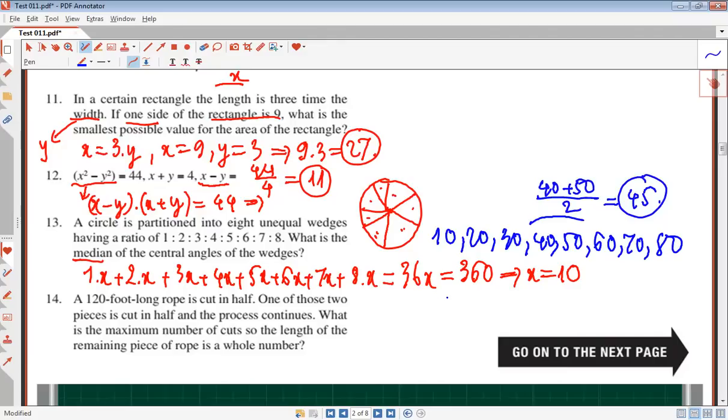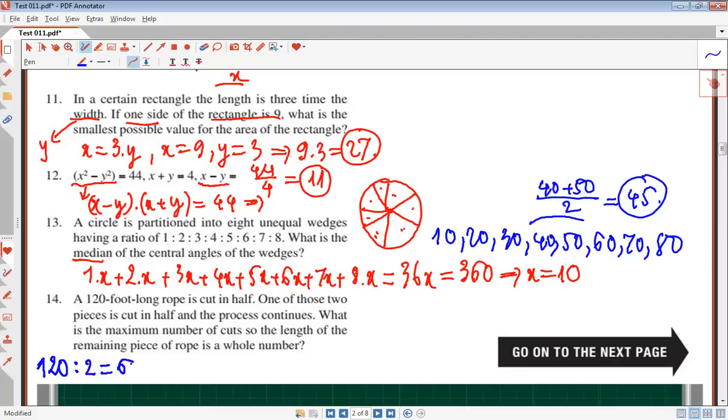Question number 14. A 120-foot long rod is cut in half. This means 120 divided by 2.